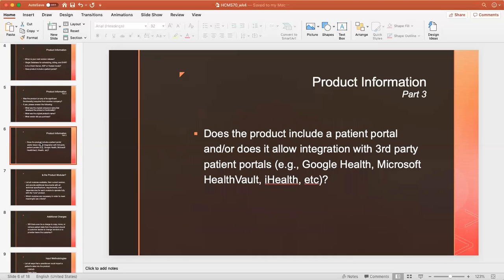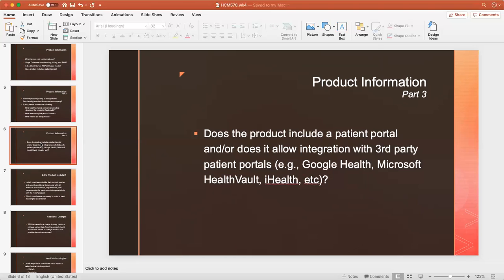All right, next question about product information. Does the product include a patient portal and/or, okay, I know I've said this 3 times now, so it's pretty important, isn't it? Patient portal, does it allow integration with third-party patient portals, such as Google Health, maybe Apple Health, Microsoft HealthVault, iHealth?